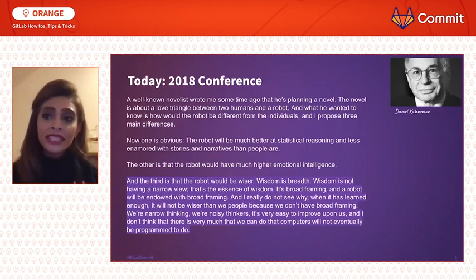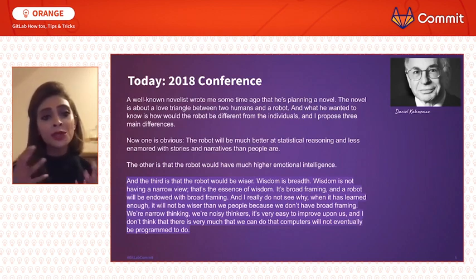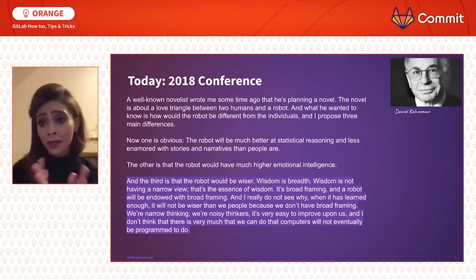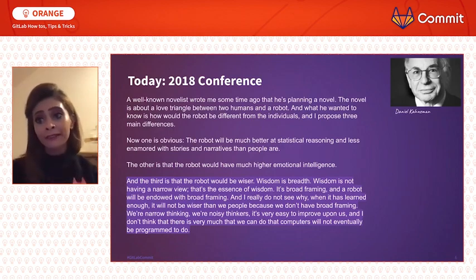So where are we today? In 2018, there was this conference on basically how AI can be used in every part of operations, in every domain. What is the next chapter of AI?